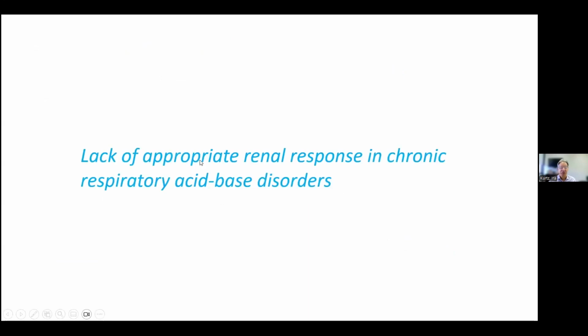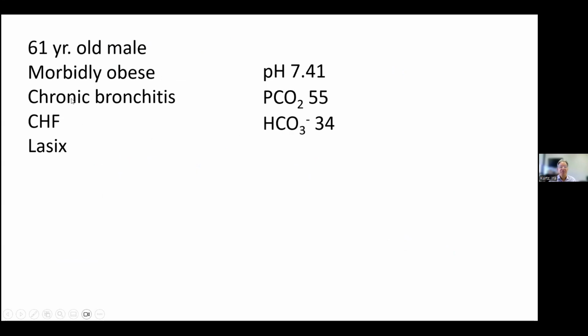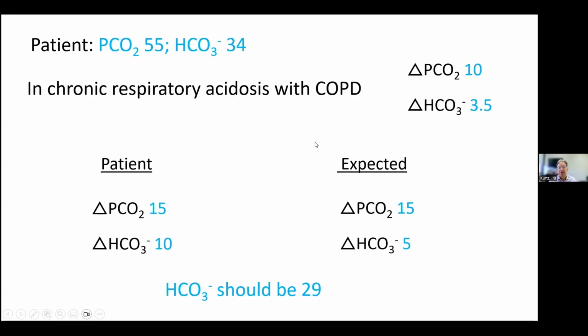Now, what about the lack of appropriate renal response in chronic respiratory acid-base disorders? Here's a patient with chronic bronchitis, CHF, and Lasix who's got a bicarb of 35 and a PCO2 of 55. So here's our patient with a bicarb of 34 and a PCO2 of 55.